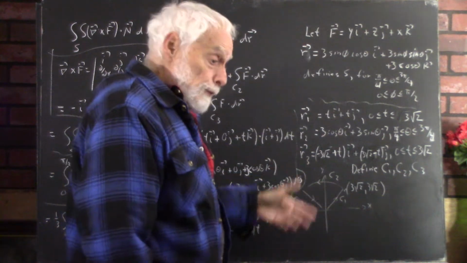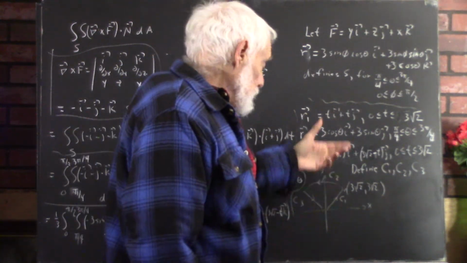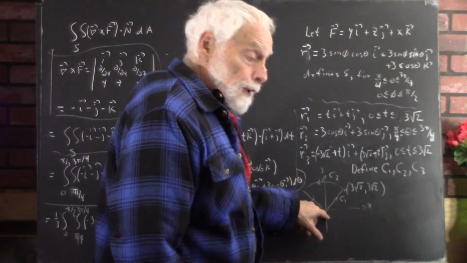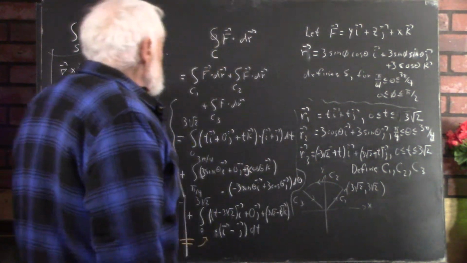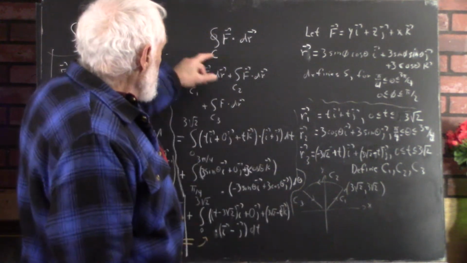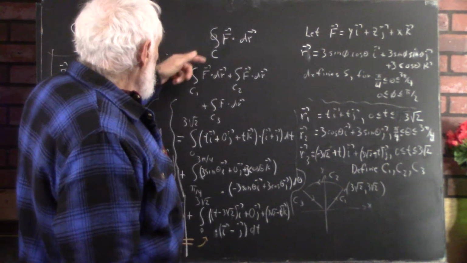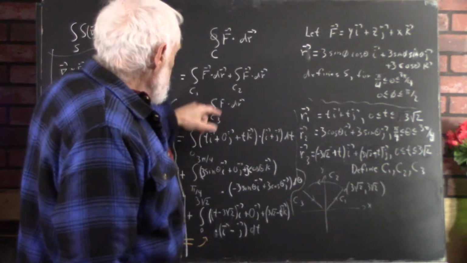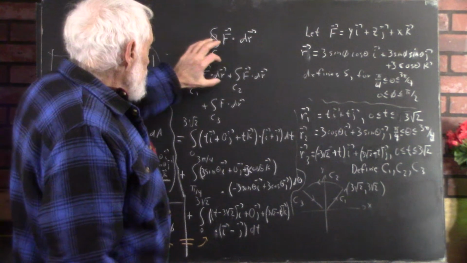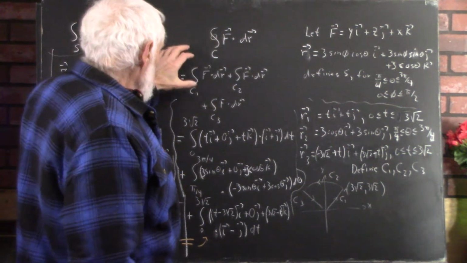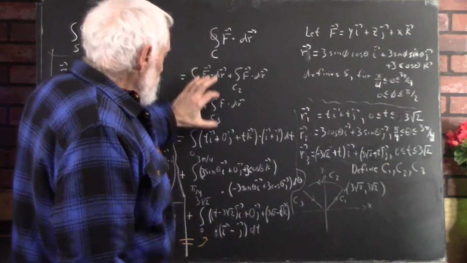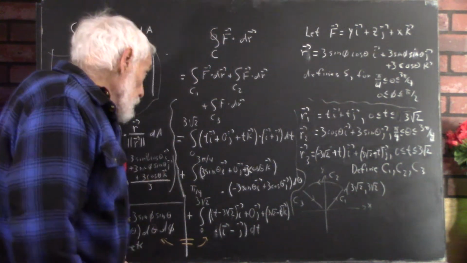Okay, there are other boundaries that that surface could have, and we could integrate over those boundaries as well, but now here is the boundary of that surface. This curve then is your curve C. C equals C1 plus C2 plus C3, so the integral over C of f dot dr is the integral of f dot dr over C1 plus the integral over C2 plus the integral over C3.